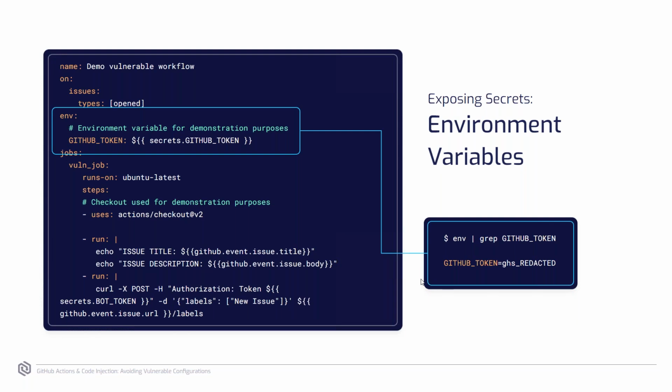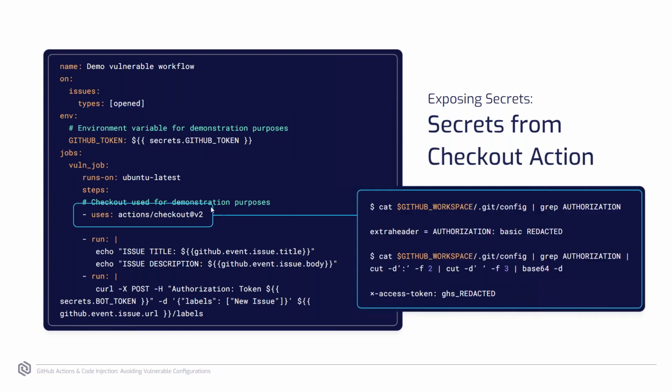The second possible method would be because of using checkout. We don't see it here, but behind the scenes, when we call this action, we're actually sending default parameters, and one of the default parameters is this GitHub token. So it's sent into the action.